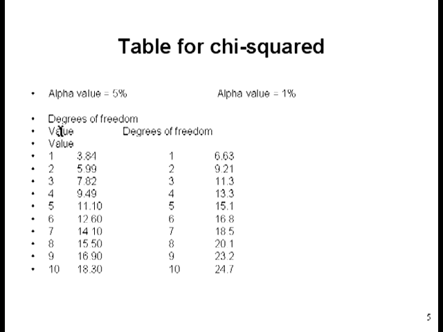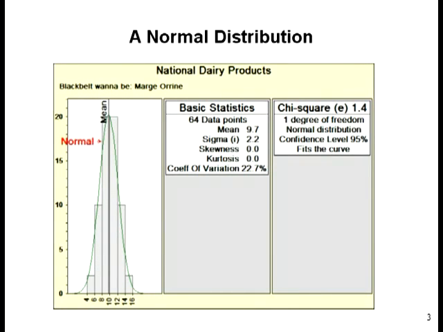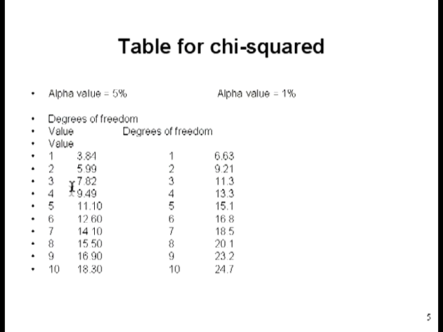In this particular case, it says the degrees of freedom are 1, and the tabular chi-square value is 3.84. What that means in English is, if I had a calculated chi-square value less than that number, like 1.4, then I can reasonably assume my distribution is normal. If on the other hand I had a chi-square value higher than that, that assumption would not be valid.